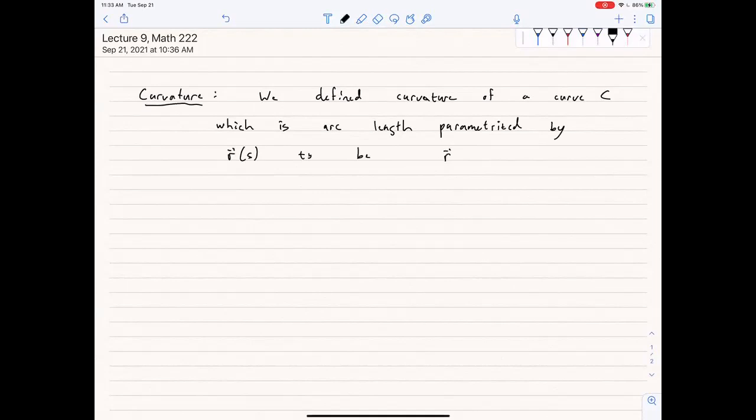It's the magnitude of T prime, but it's really R double prime. So T is R prime if it's arc length parametrized.